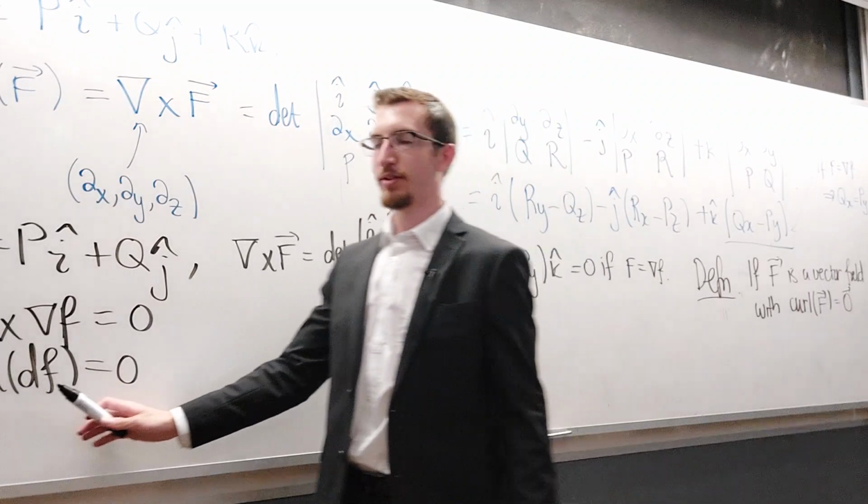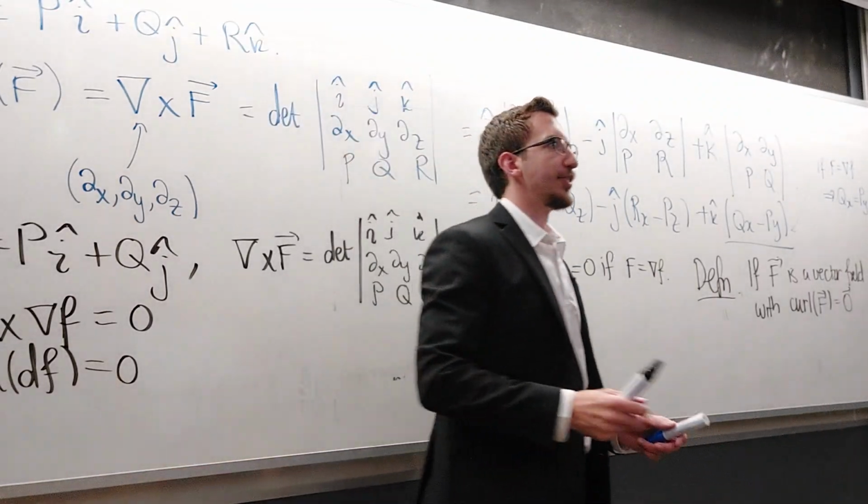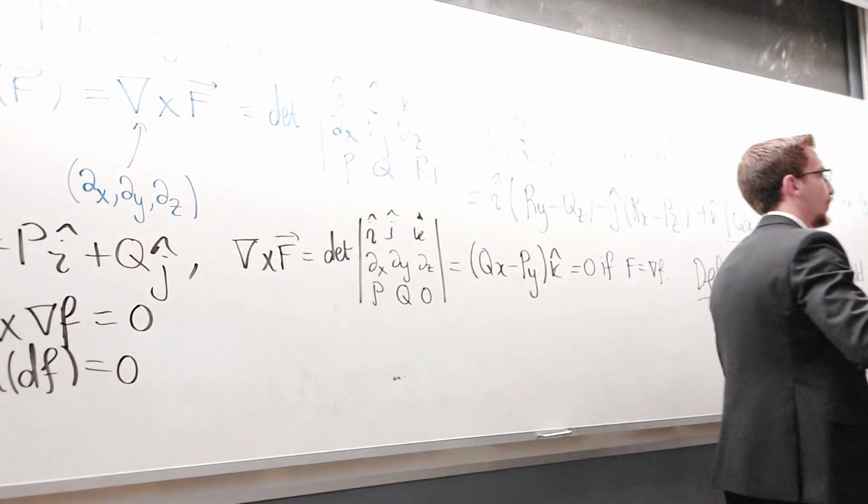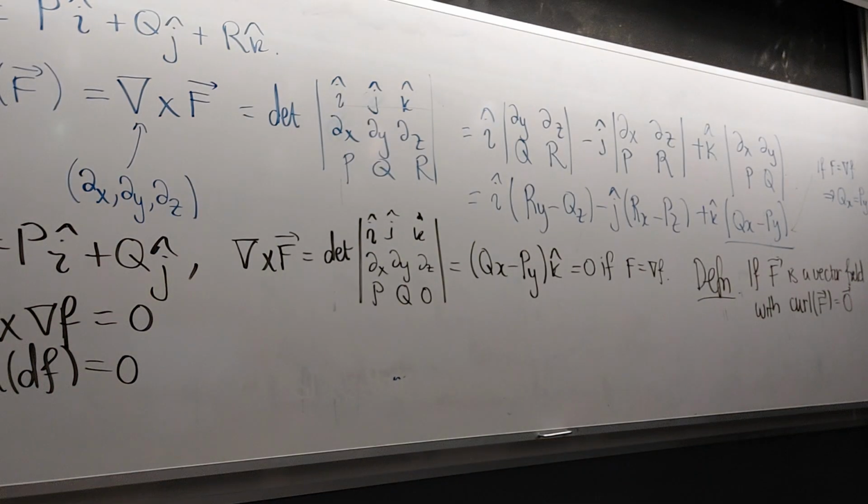Is it a vector or a vector field? A vector is a vector field. And so the 0 vector is a 0 vector field, so 0 at every point.